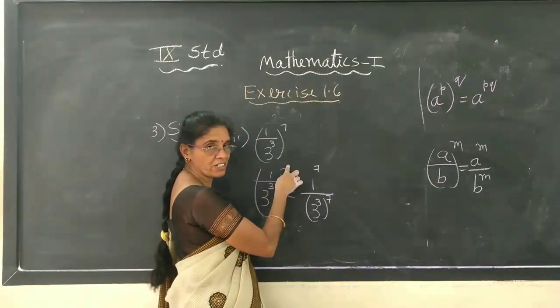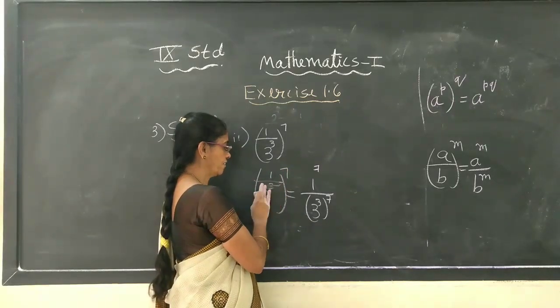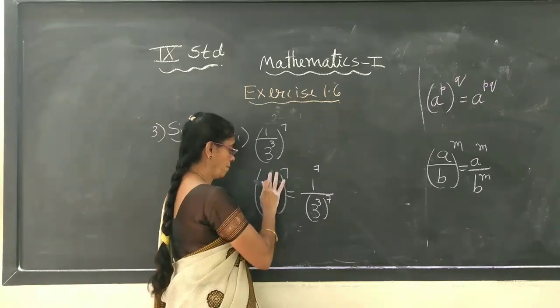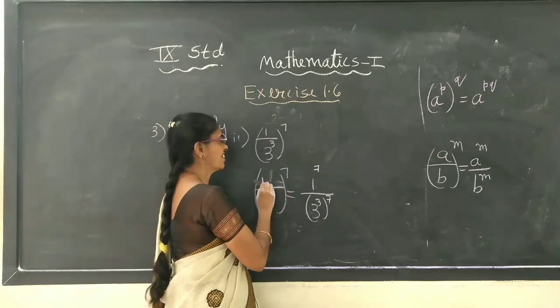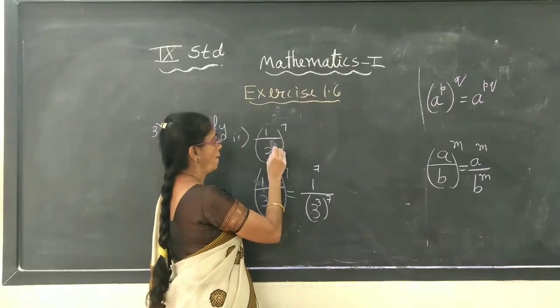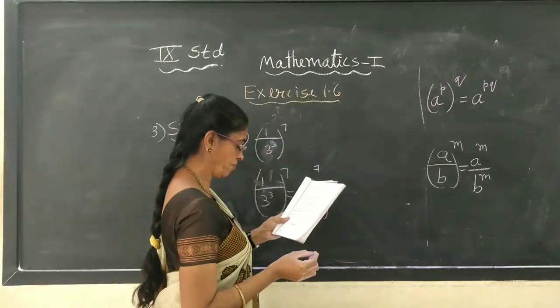Its power also 7, its power also 7 because they are written in the bracket. Like, the problem is like this.